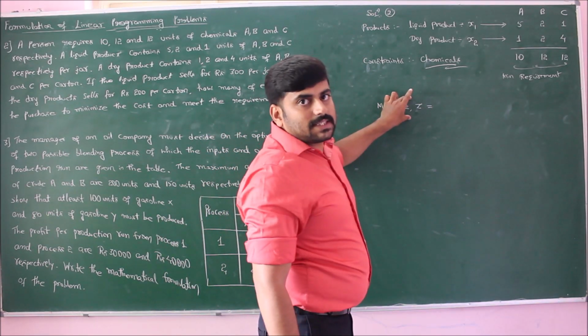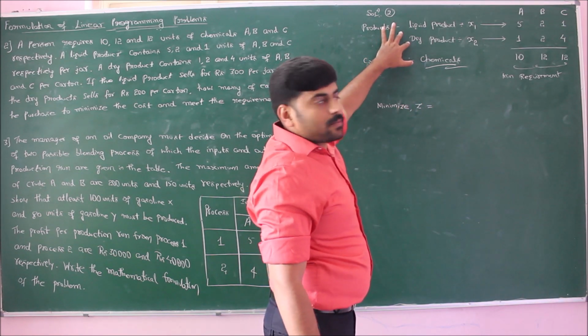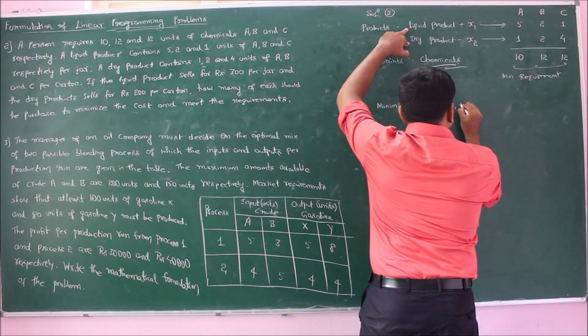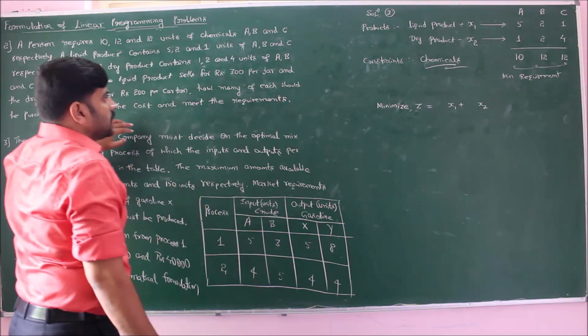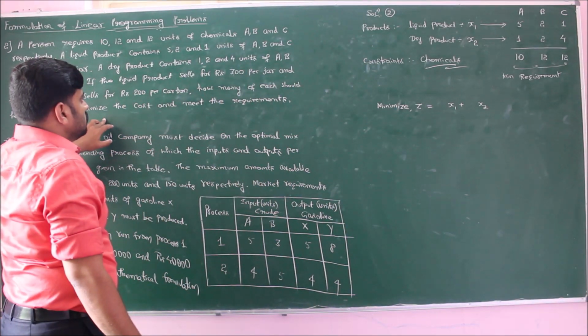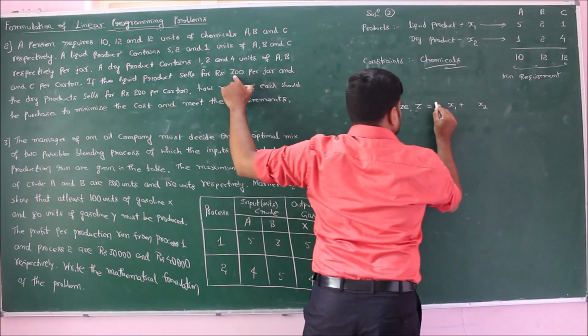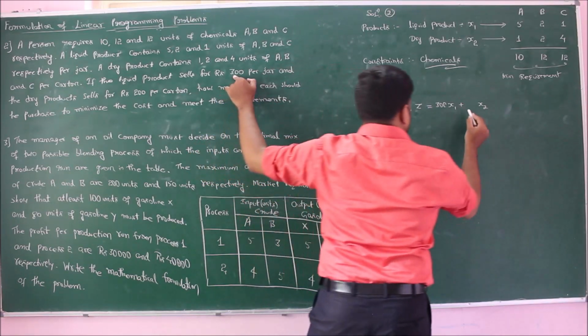Now what he is purchasing, he is not purchasing the chemicals, he is purchasing the liquid product and dry product. So he is purchasing product x1 and product x2. The cost prices of these products are: liquid product is 300 and dry product is 200.